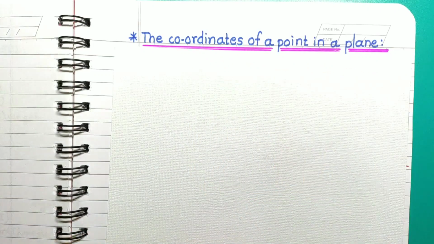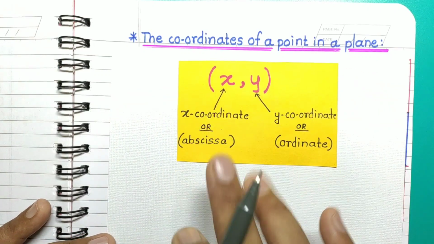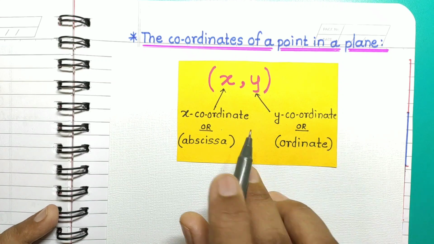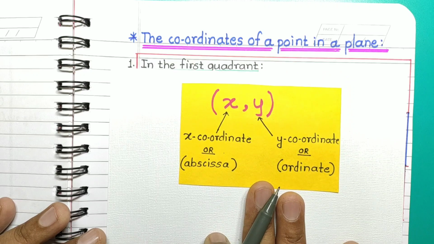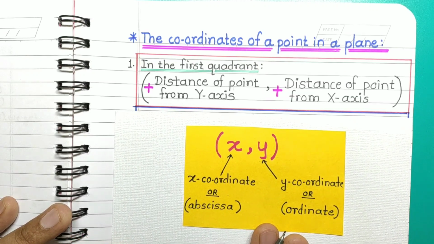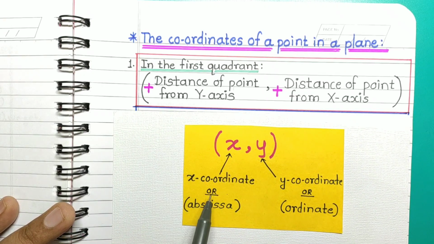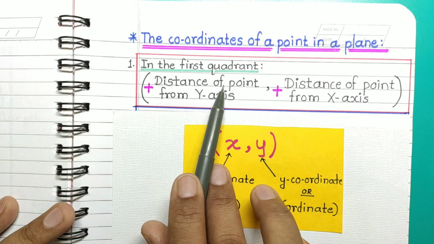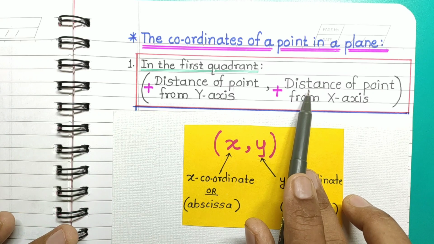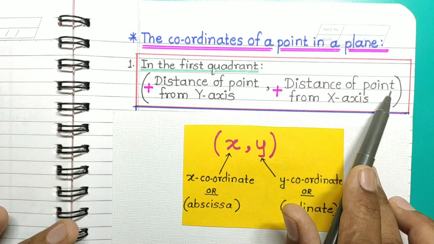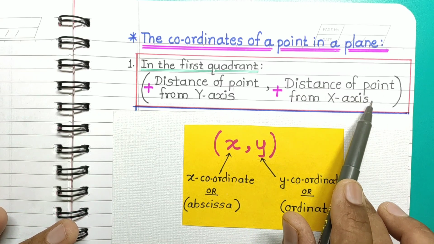Students, then let's see how the x coordinate and y coordinate are decided for any point in a plane. See, in the first quadrant, the x coordinate is the distance of a point from the y-axis and the y coordinate is the distance of the point from the x-axis.